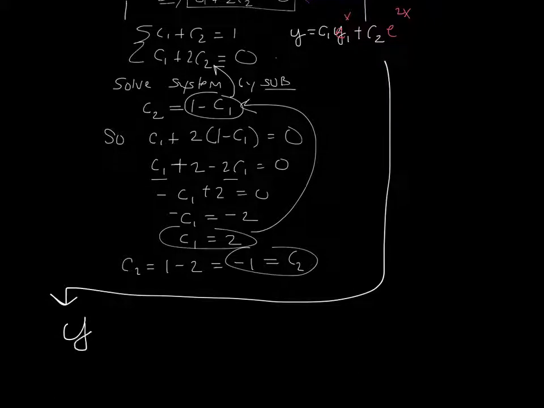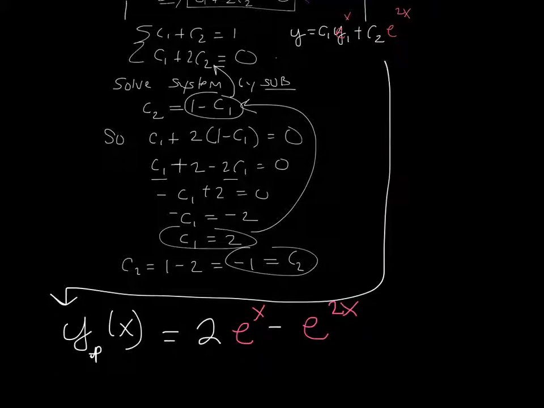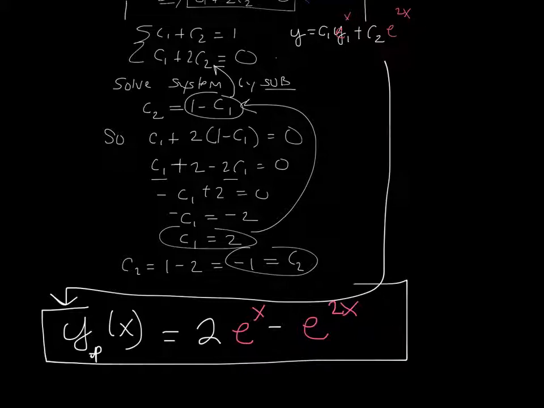Okay, so y particular, so yp of x is equal to C1, well, C1 is 2, e to the x plus C2, which in this case is negative 1, so it's really negative e to the 2x. So that is my particular solution, right? So impose your initial conditions to the general solution to obtain your particular solution.